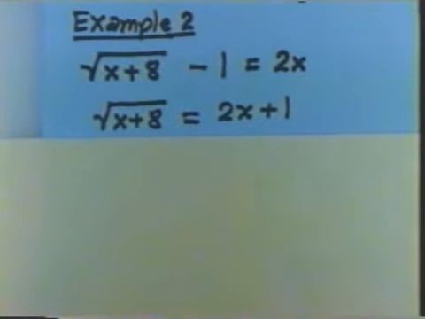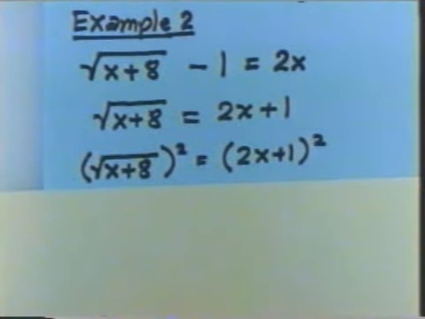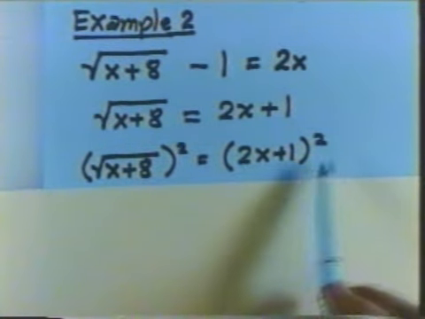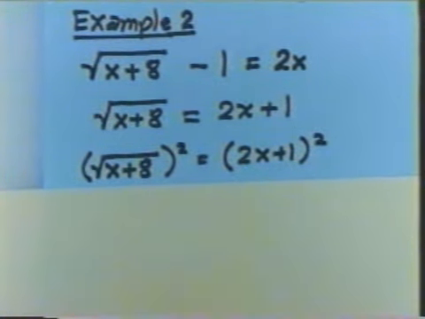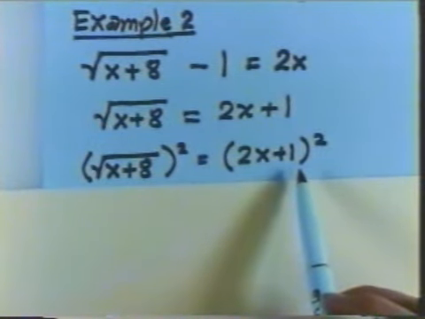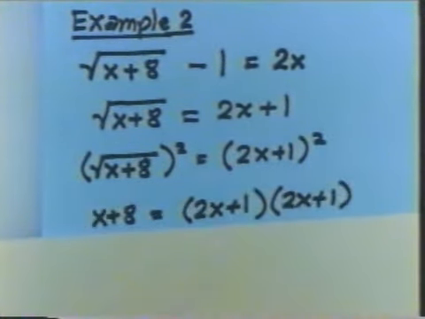Since it's a square root, we raise both sides to the second power, square both sides, and that gives the square root of x plus 8 squared on the left and 2x plus 1 squared on the right. Squaring the square root cancels, leaving us x plus 8 on the left. On the right, we are tempted to use an illegal shortcut, but if we write what this actually means, we avoid the danger.